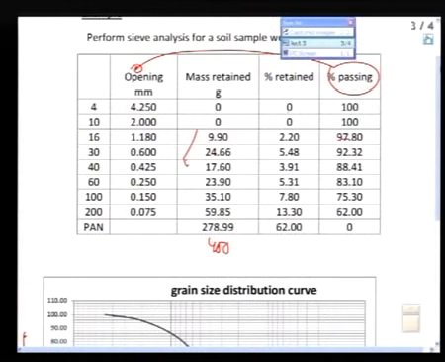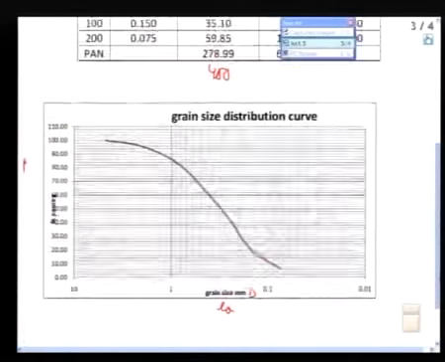Remember this, write it, because I will not go up and down all the time. Number 4, which is 4.75, has 100%, right? Number 10, which has 2 millimeters, is 100% also. Number 16, which is 1.18, has 97.80.